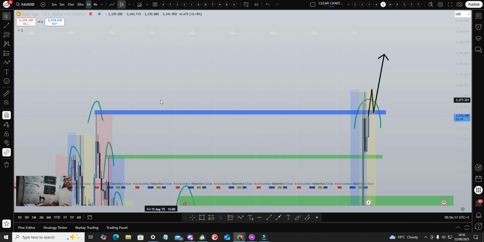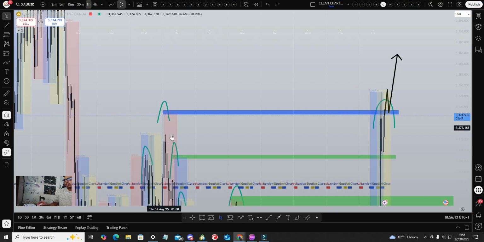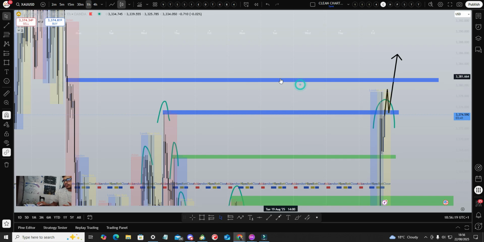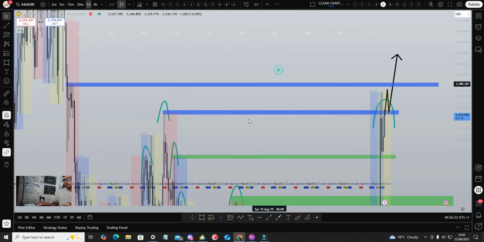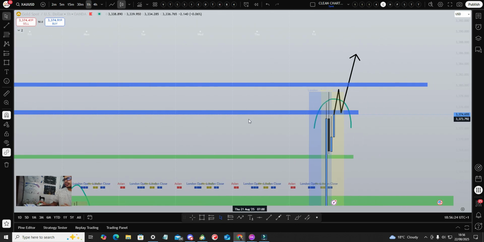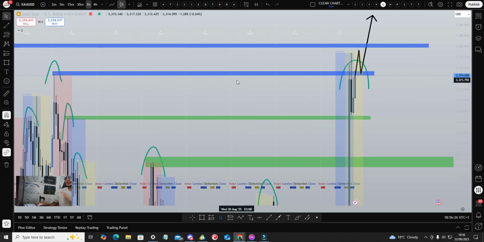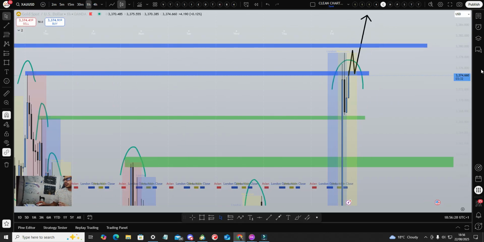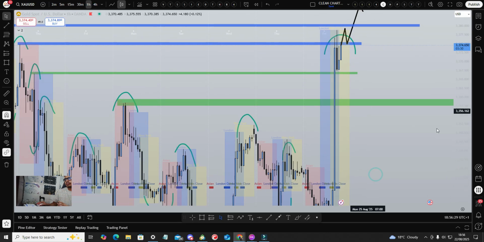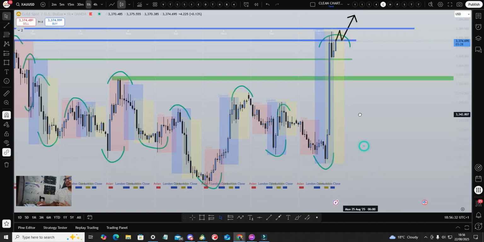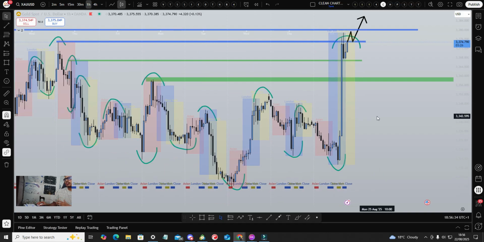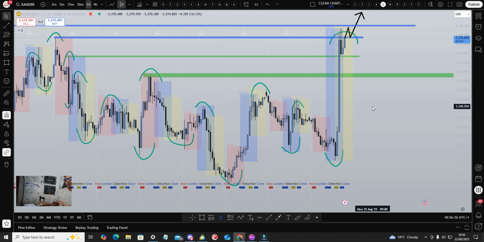And even if you look at all these multiple wick rejections, drag it across. Simple, very, very simple. Now I'm not going into really fine-tuning the zones, but if you're a beginner or intermediate level watching this video, it will help you a lot. Trust me when I say that.